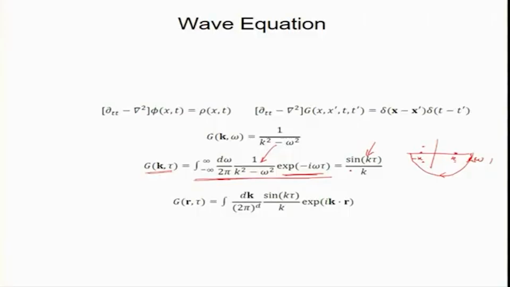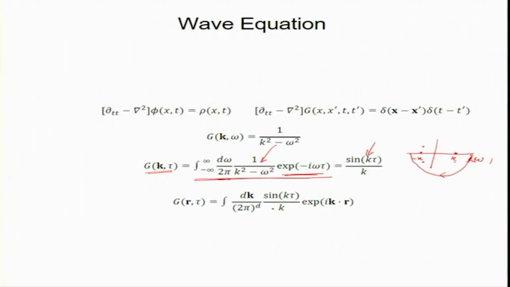I want the wave to go both sides. So the boundary condition is imposed by shifting the poles. So I get this by shifting the poles, and g_k t is sin k tau by k.